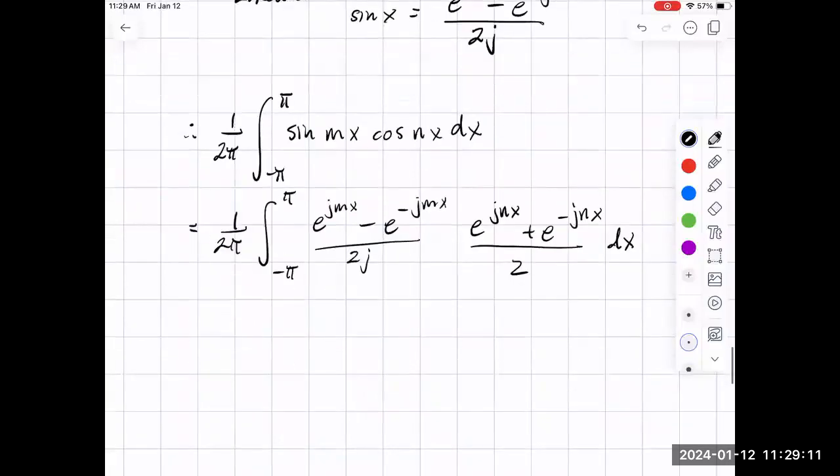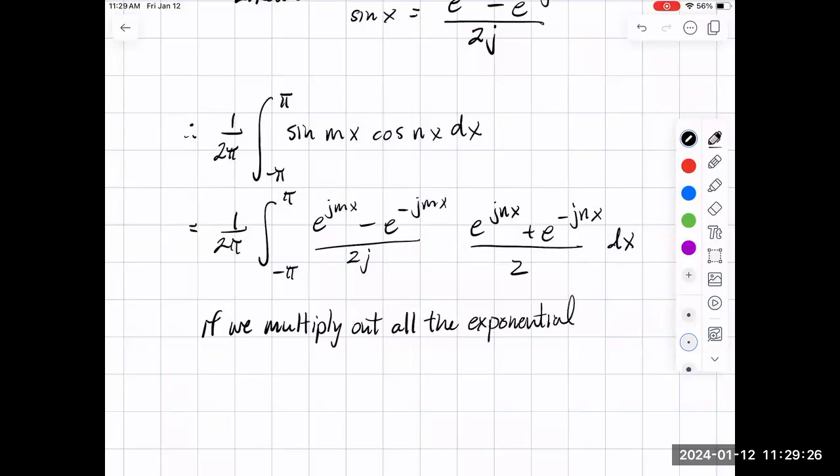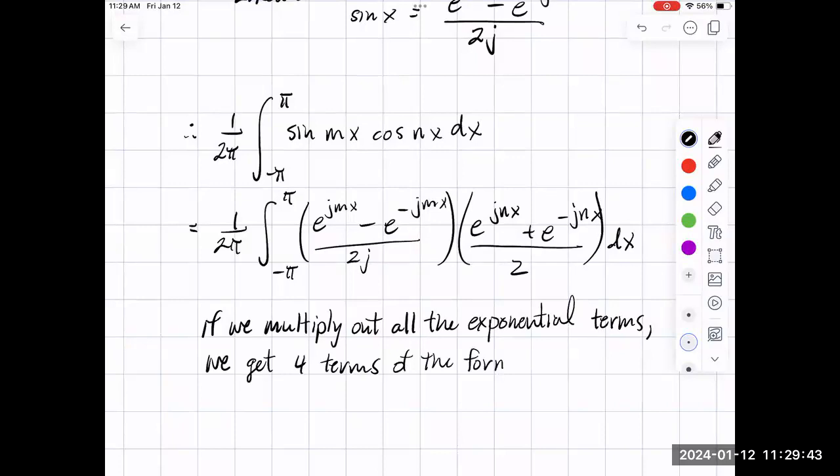So if we multiply out all the exponential terms, we get 4 terms of the form e to the j kx, where k is an integer.